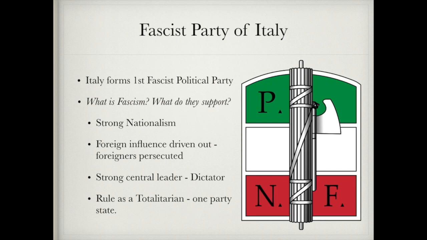They had just gone through an era where there were a lot of rifts in government, different groups at odds with each other. So we had socialists, we had communists, we had nationalists, and they're all at odds with each other. A one-party state would really eliminate all of that squabbling within the government.